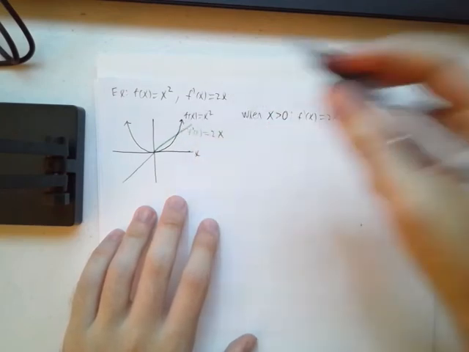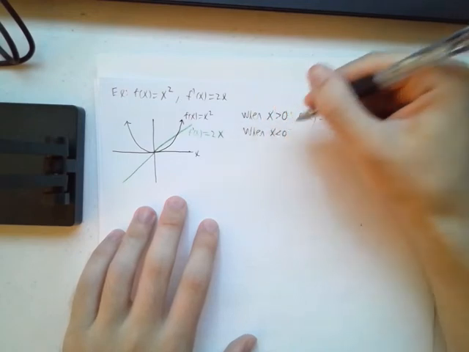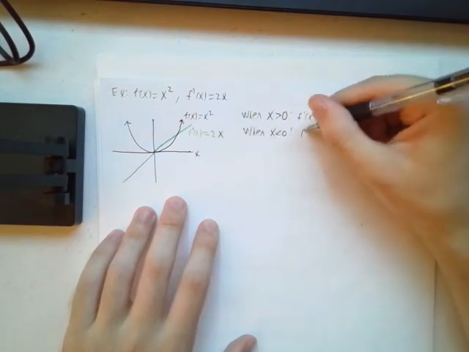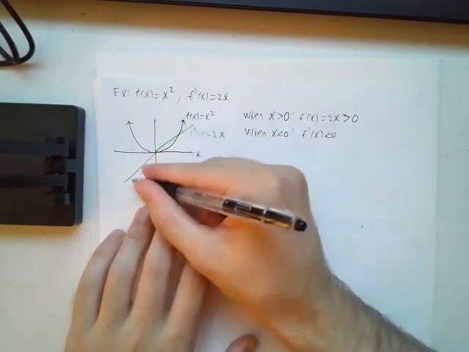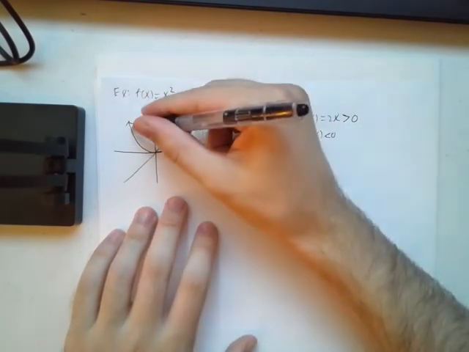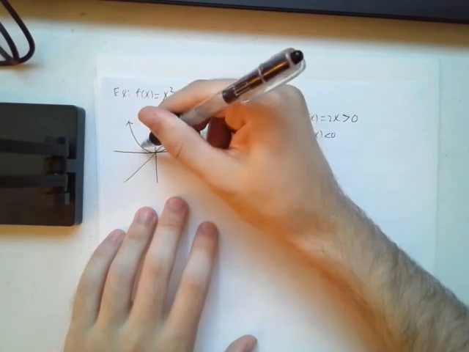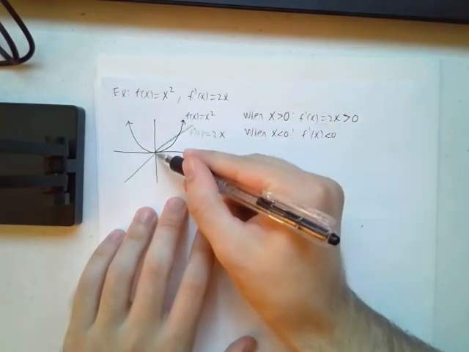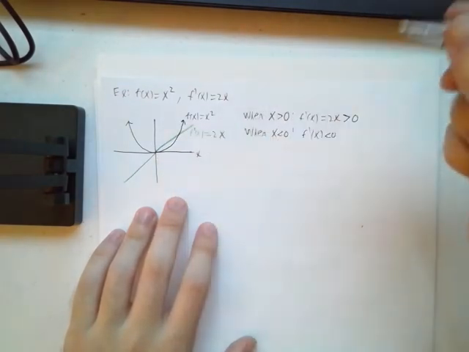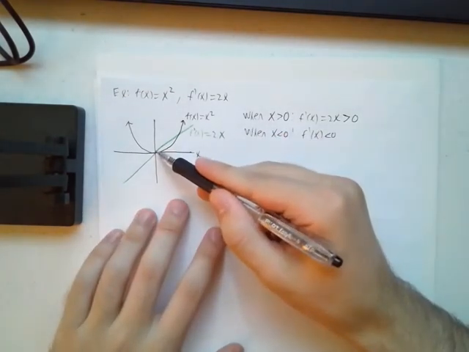When x is less than 0, f prime of x is negative, right? That's over here. And we can also see that the function is going down when the derivative is negative. And lastly, at 0, we have that the derivative is equal to 0, and the function there sort of levels off.